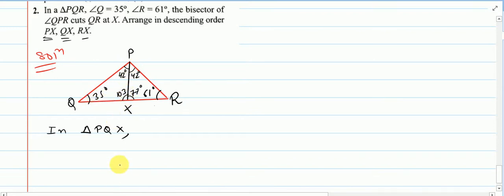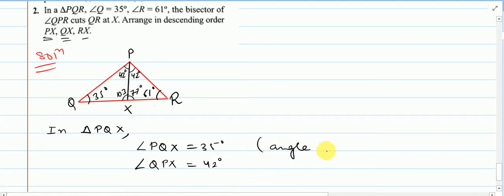So here I can write angle PQX is equal to 35, and angle QPX is equal to 42 degree.